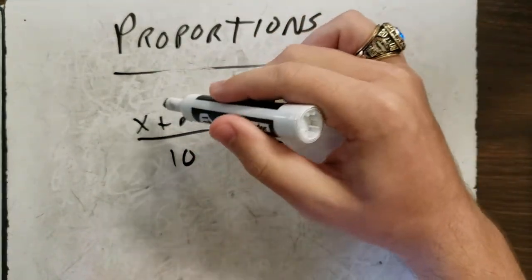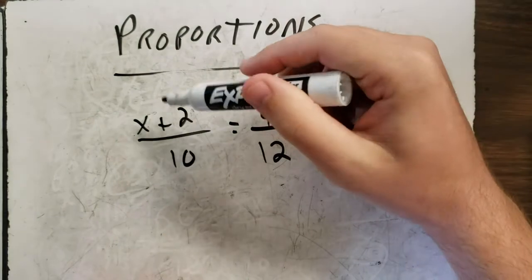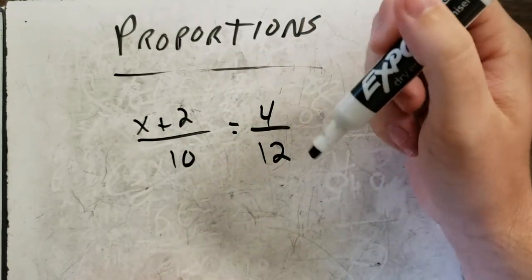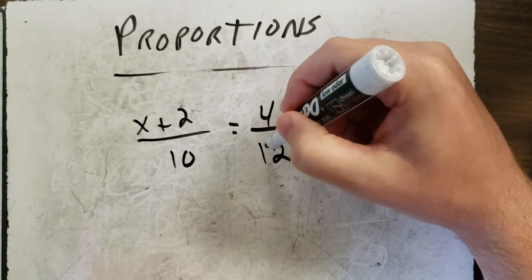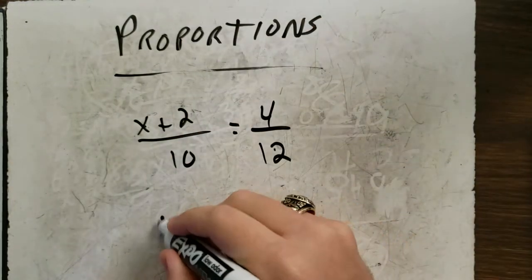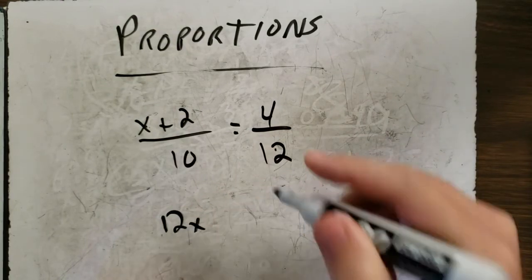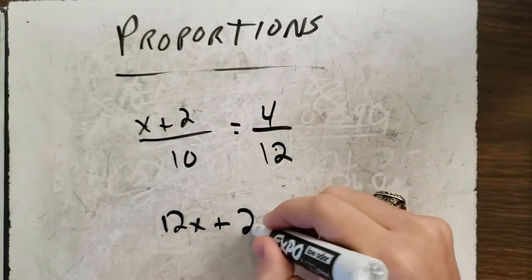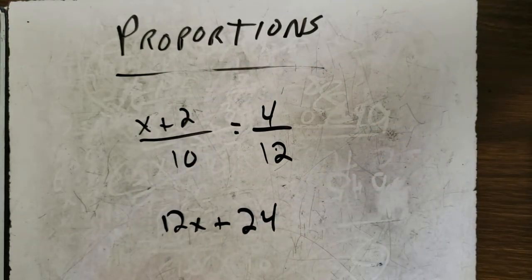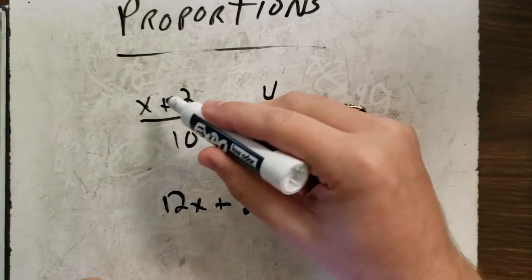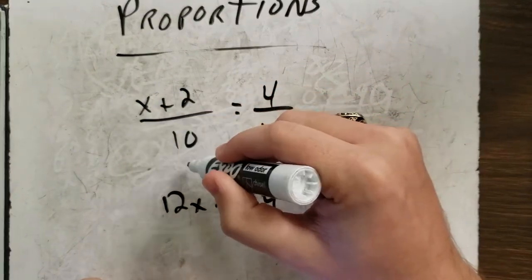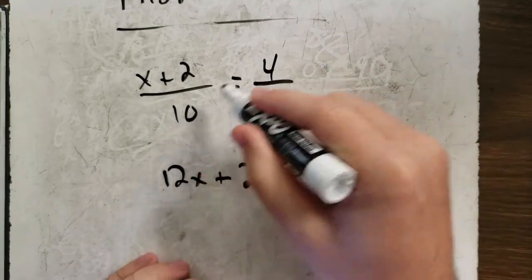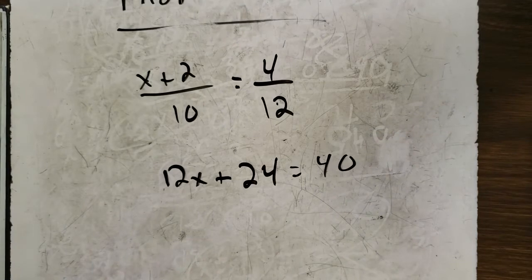Notice we have x plus 2 on this side, so we're going to distribute. 12 times x is 12x, plus 12 times 2, which is 24. All I did was distribute the 12 across the x plus 2. Now we can do the other side. Equals 10 times 4, which is 40.